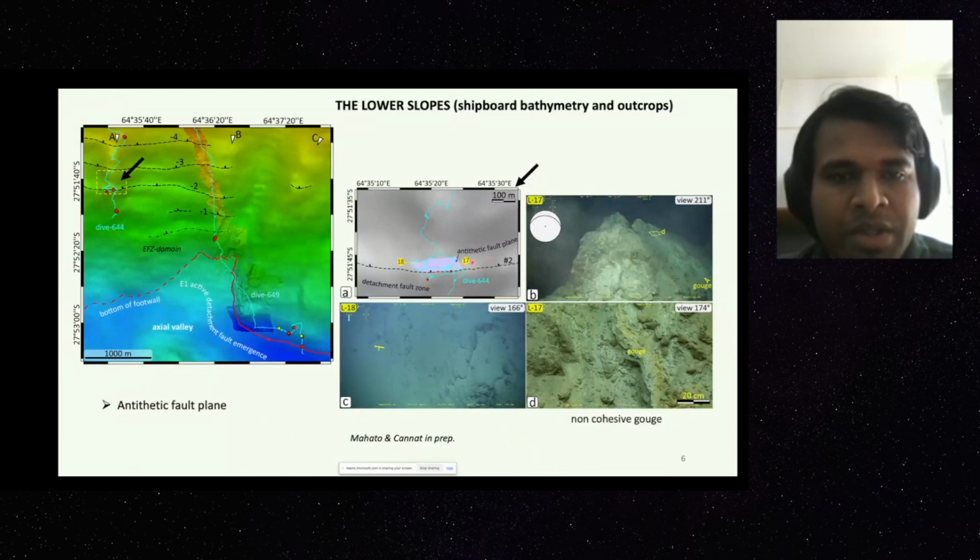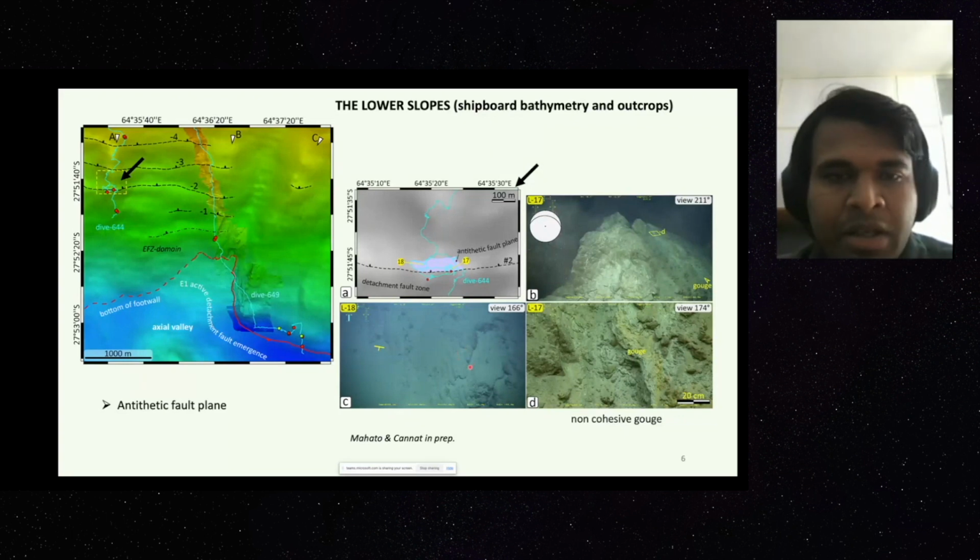At location 17, you can see the nearly east-west trending ridge, and the north-facing slope of this ridge contains non-cohesive fault gouge. And at location 18, we finally see the north dipping fault plane, which is antithetic to the main detachment fault plane.